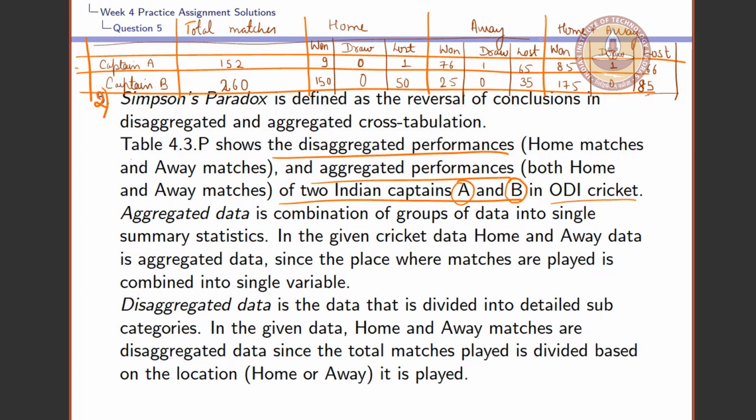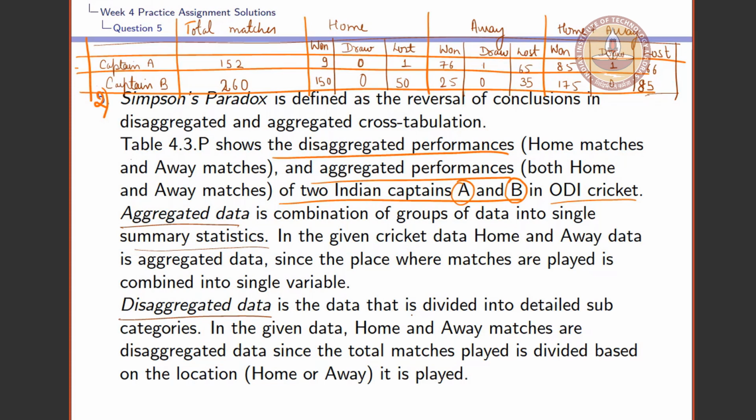So this is the table that is given to us, where first we will see what we mean by aggregated data and disaggregated data. Aggregated data is a combination of groups of data into single summary statistics. Data aggregation is a process of gathering data and presenting it in summarized format.